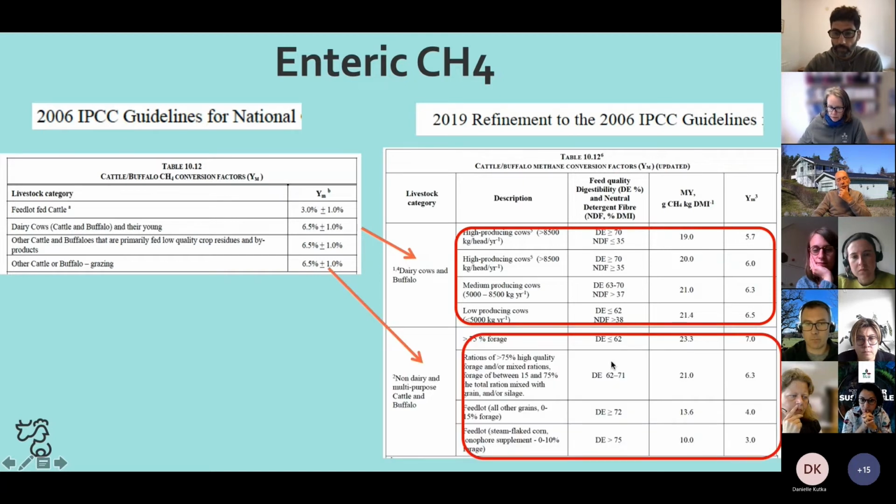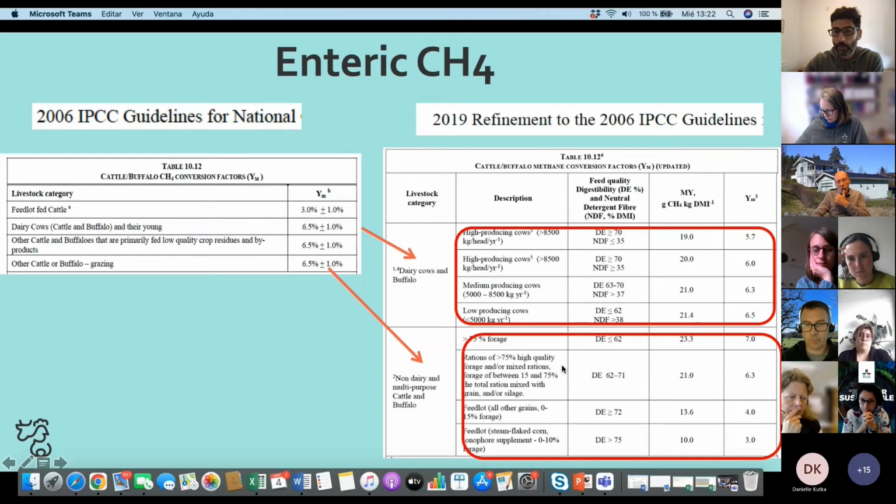And the same applies for beef cattle, in which, depending on the percentage of forage and the digestibility of that forage, then of the diet, we can go from very low emission of methane to very high, depending on the type of diet. And there are many other specificities in the guidelines. This is just a general table, but we can really go into more detail to characterize these systems, depending on not only the diet but all the factors related to the animal.